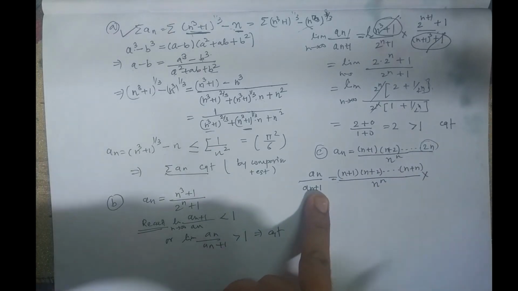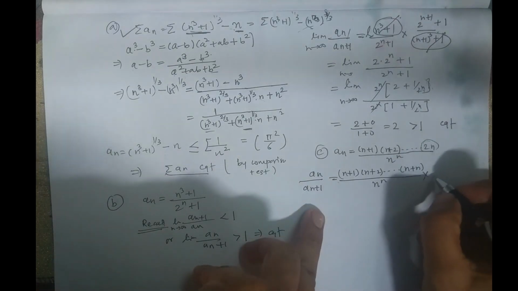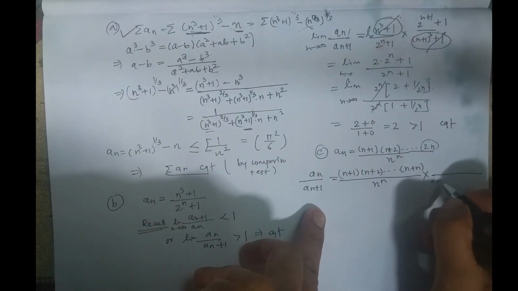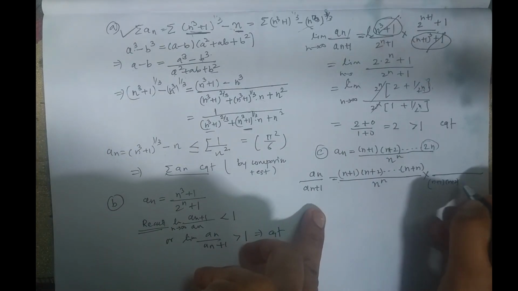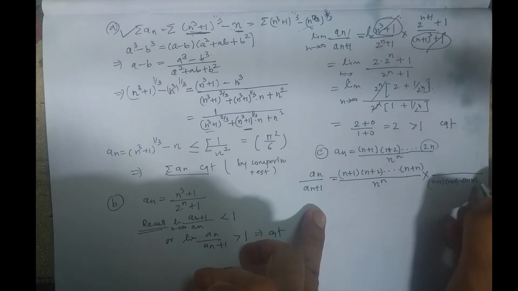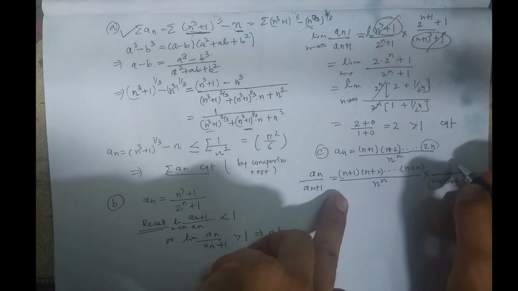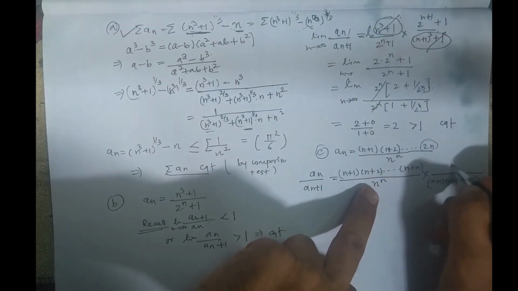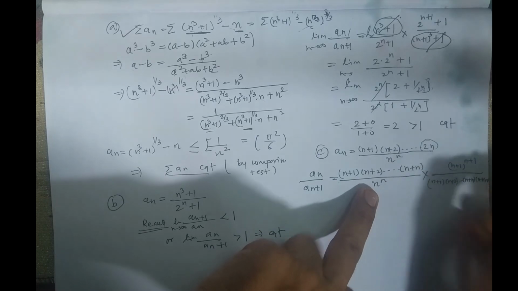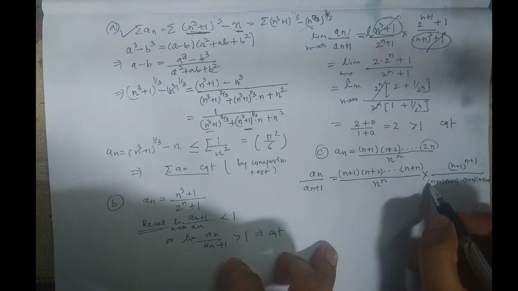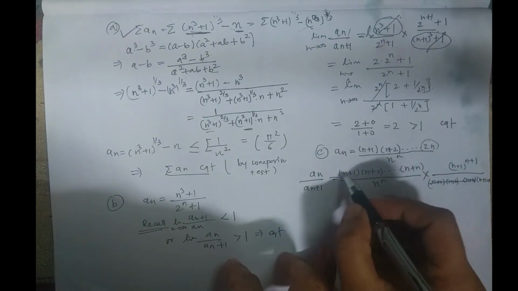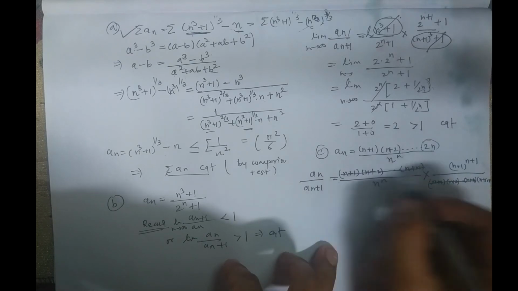If I look at a_(n+1), I will have n plus 1, n plus 2, the second last term will be n plus n, and then n plus 1, and this is the (n plus 1)th term, upon (n plus 1) raised to n plus 1. Now see, up to n plus n, everything will get cancelled out.